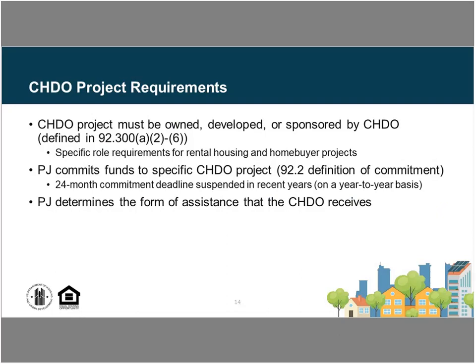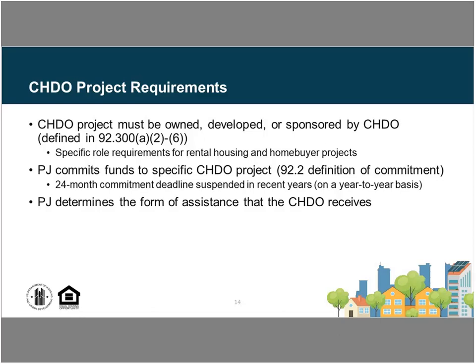I will remind you that we're currently under a suspension of the 24-month commitment deadline that the Annual Appropriations Act has put in. And so for years, the commitment deadlines in 2018 to 2023 are currently suspended, but they're suspended year by year by the Congress as it appropriates funds.